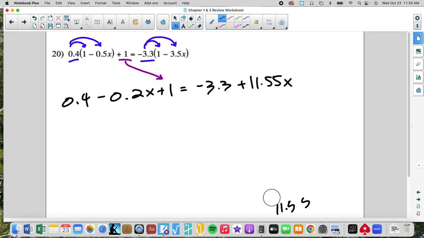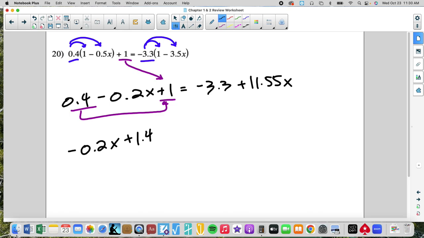Okay. And I can keep track of everything because I've done it so many times. I'm going to combine like terms on the same side before I start moving things. So that's negative 0.2x plus 1.4 equals 11.55x minus 3.3.